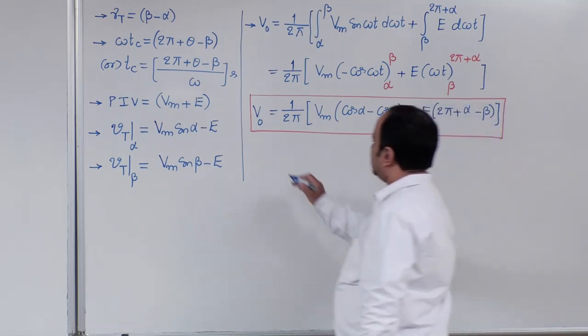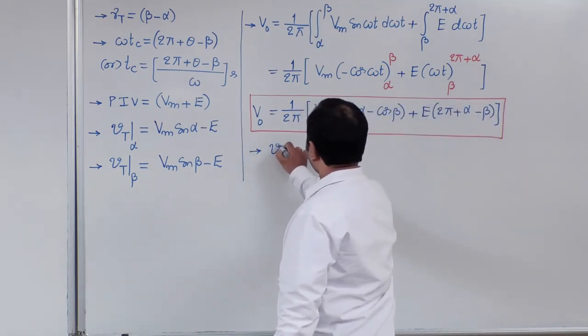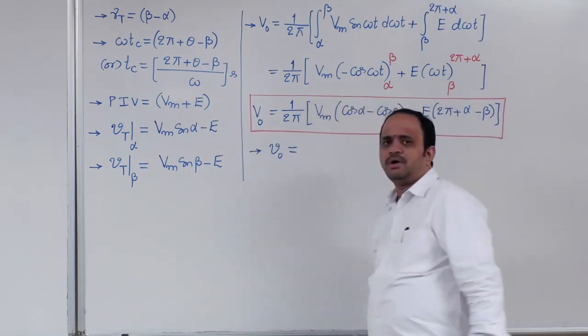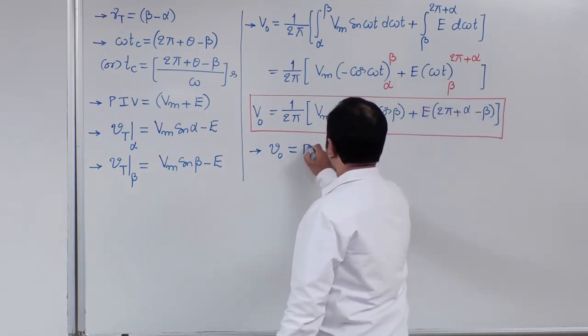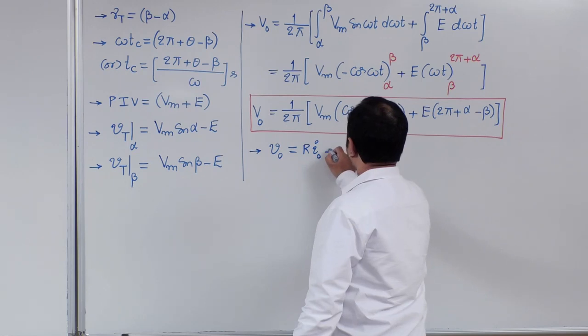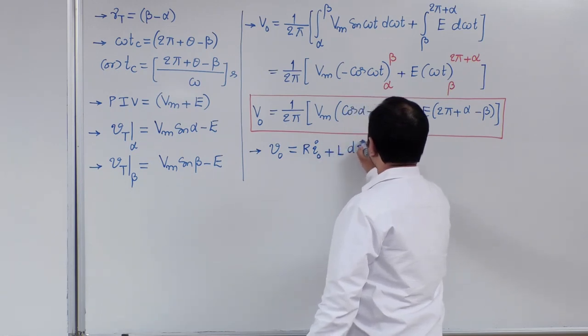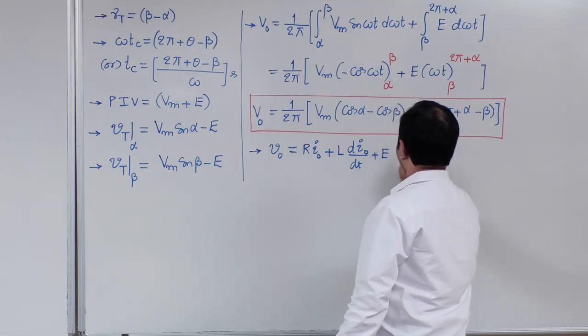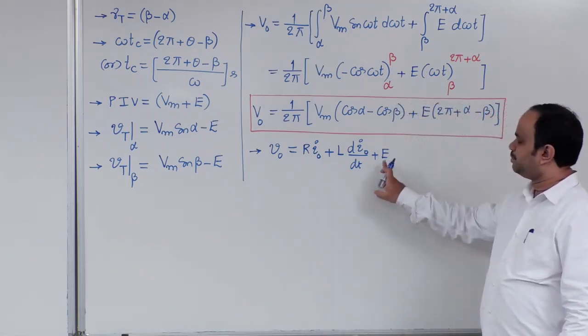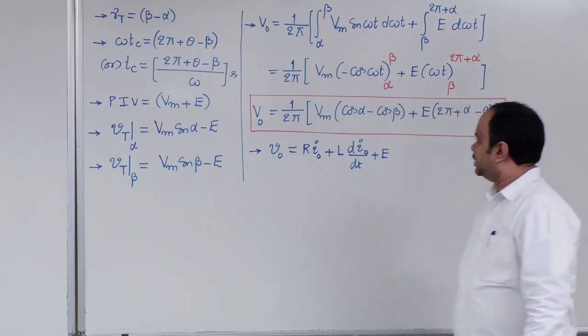Next. Now, if you look into the output voltage equation, v naught is equal to R multiplied with i naught plus L into d i naught by dt plus E, right?